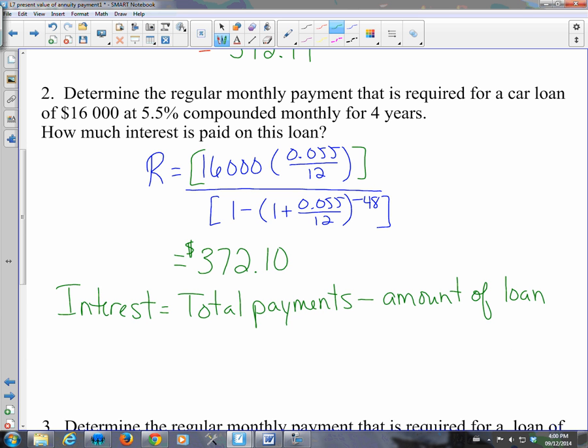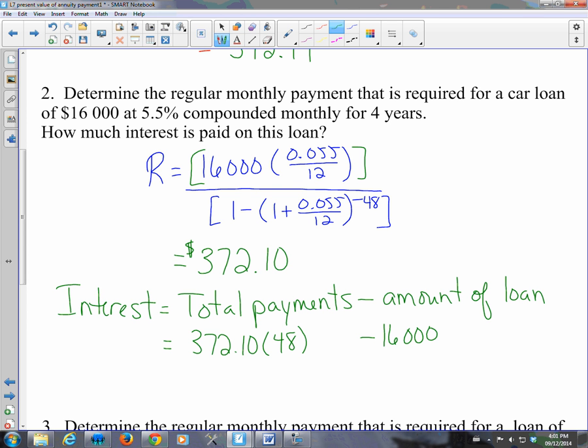So the amount of the loan is the $16,000 that the car costs. The total payments are $372.10 times 48 months. You're making a payment each month for 48 months.